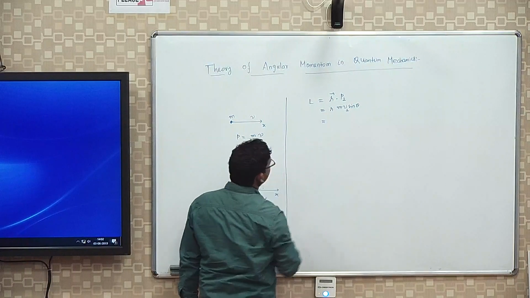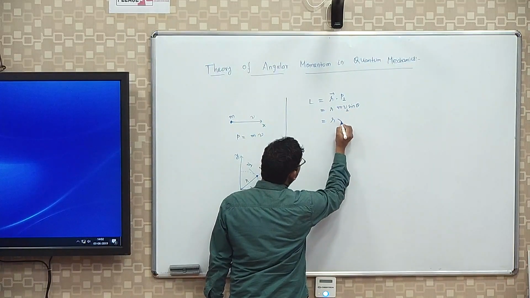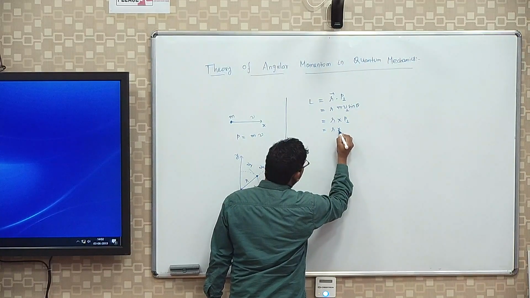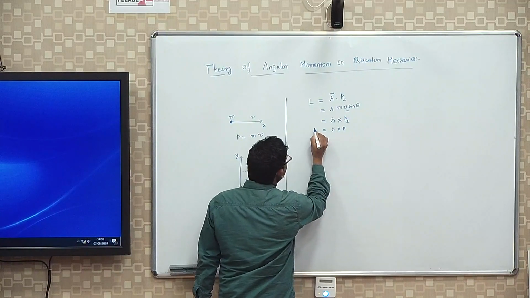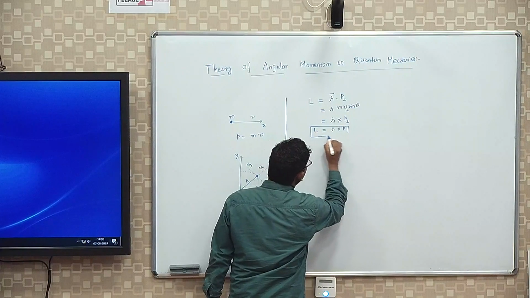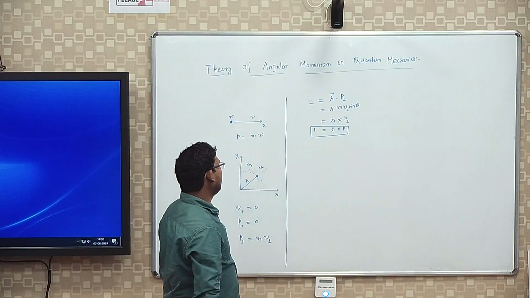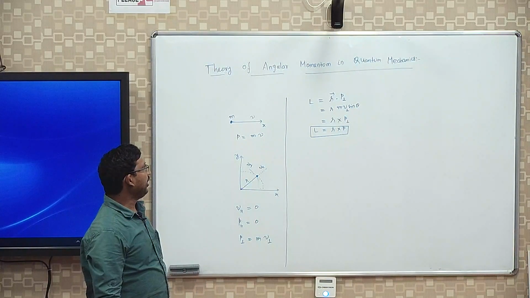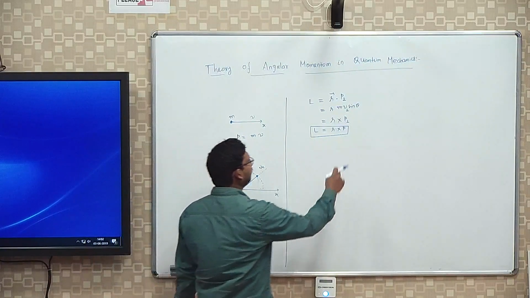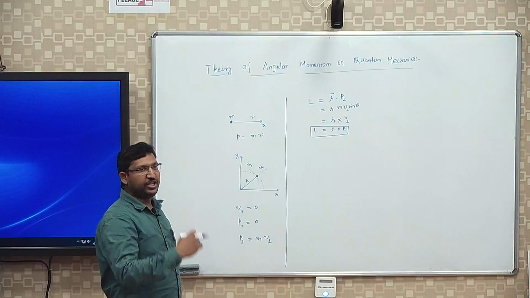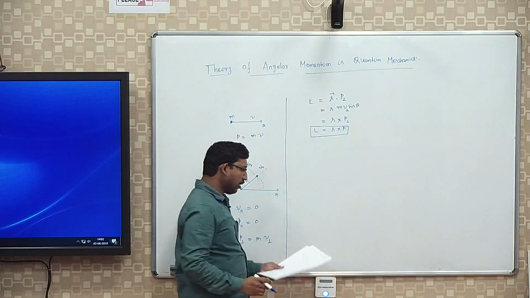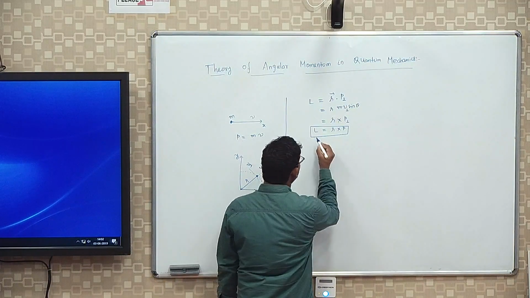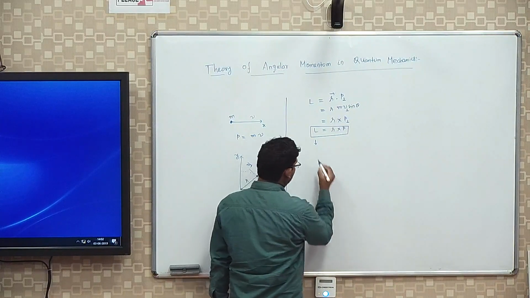Then we can further modify this equation: r cross p, or simply the cross product of r with momentum p, is called L, the angular momentum. So L equal to r cross p.